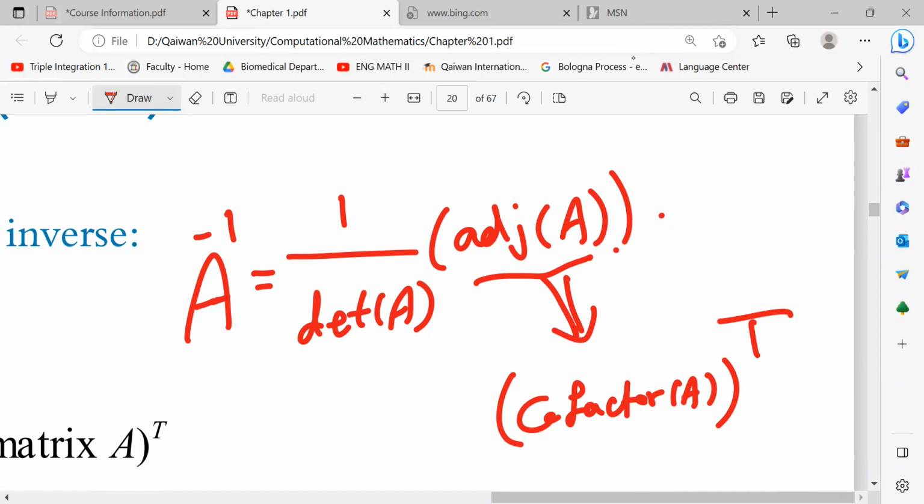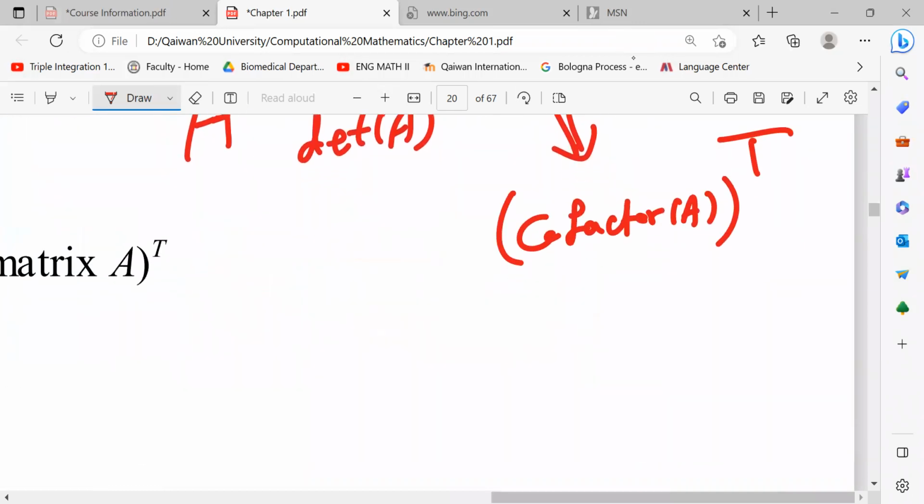First, let me tell you what the transpose is, and then I'll tell you how to find the cofactor matrix. For finding the transpose of a matrix, we just interchange rows and columns. The first row becomes the first column, the second row becomes the second column, and the third row becomes the third column.